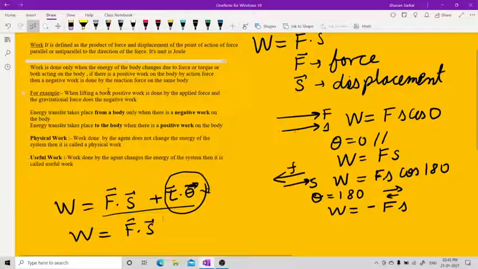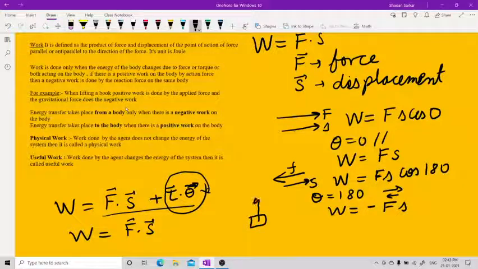Now, here I have written that work is done when you are lifting a book. This is the book, and it is going up. You are applying a force, F applied, in this direction, and the displacement is also in this direction. But the gravitational force, F G, and the displacement are opposite.